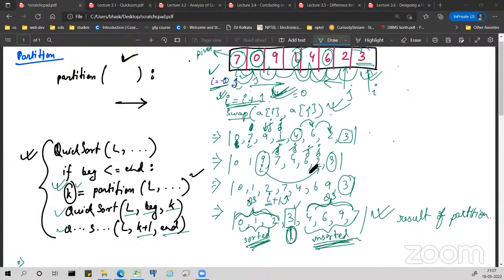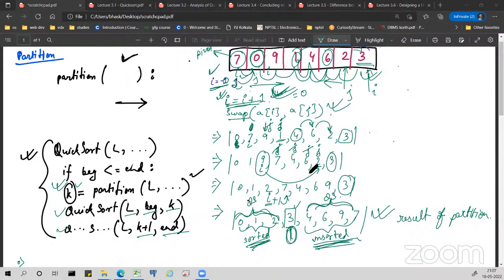So here in this list, 7 is our pivot. Sorry, is it the problem with me or can anyone else? He's saying 7 is the pivot. Okay, fine.